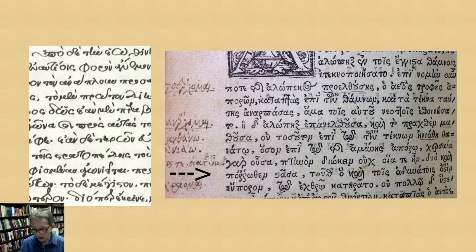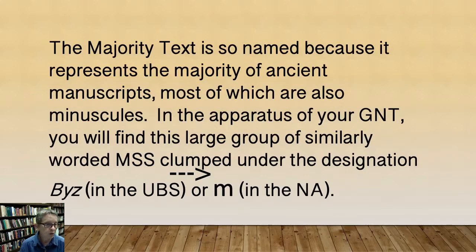All right. So when you look at your Greek New Testament, you will find that there are, and I'll show you these when we move to the next lecture, lecture 4, that there are minuscule manuscripts grouped together under the designation Byz, or with a Gothic M, which did not succeed in translating here to my PowerPoint slide, but you know what Gothic writing looks like.